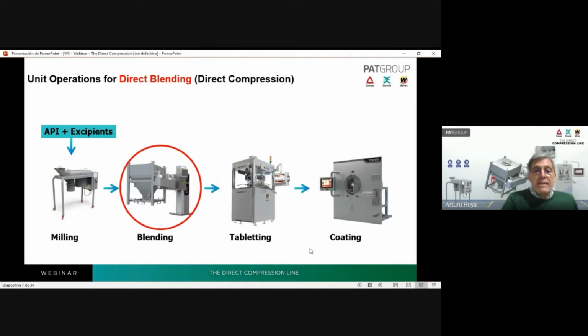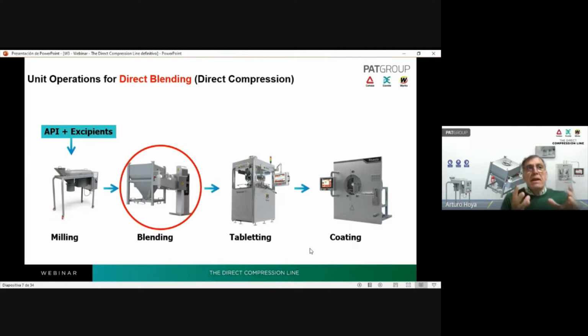This is the central unit operation, the most important unit operation in the direct compression line, the direct blending, where the powders are not binding each other but are free to move.